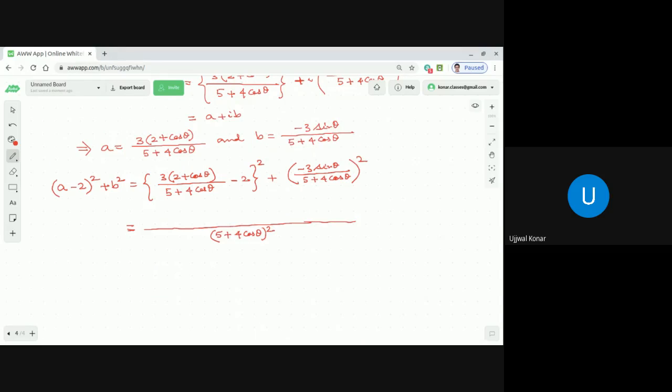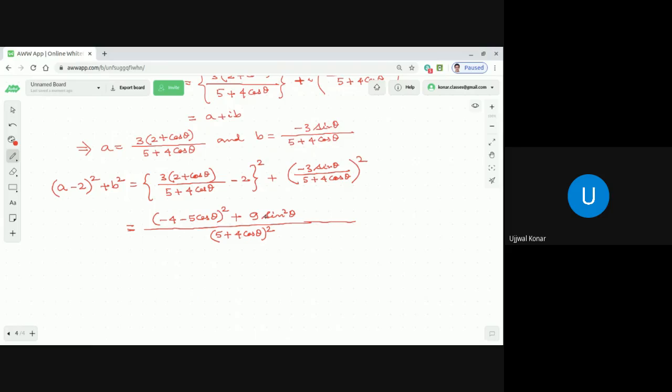And then in the numerator, for the first one, you get minus 4 minus 5 cos theta whole square, plus, minus 3 sin theta whole square, which is 9 sin square theta. So plus 9 sin square theta.